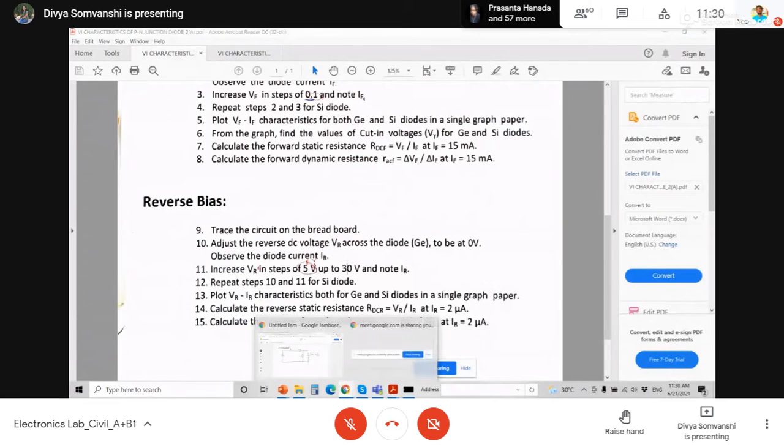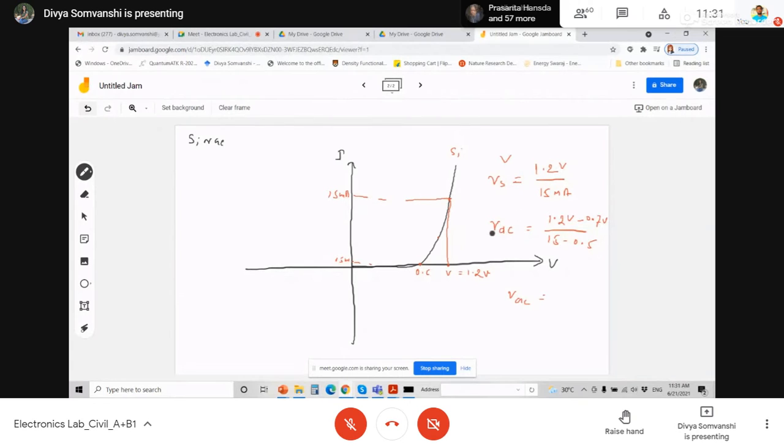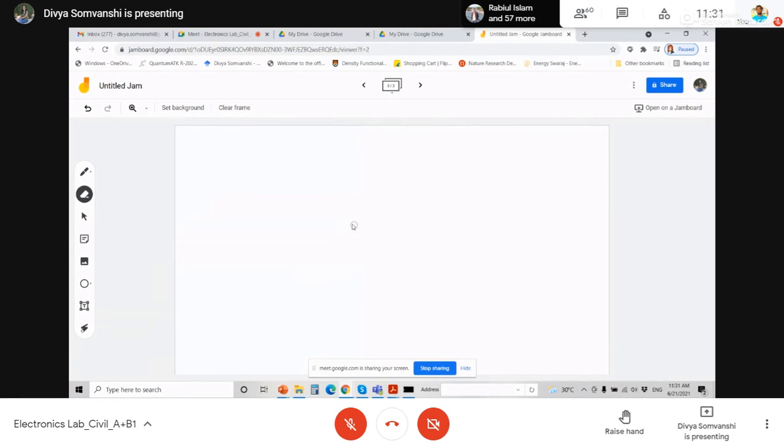It means, again, if this is my forward bias characteristic, the reverse bias characteristic should be something like that. Okay, I'm again going to plot here, that is better.